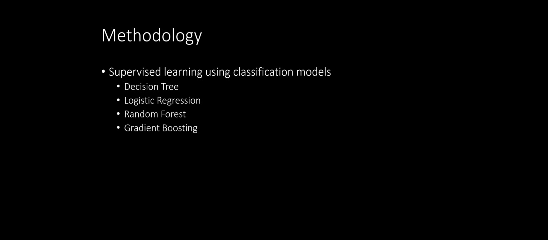Specifically in this project, to keep the scope limited, I've used decision tree, logistic regression, random forest, and a gradient boosting algorithm. And I try to base my model selection on the correctness of the recall score, as well as the number of false positives.